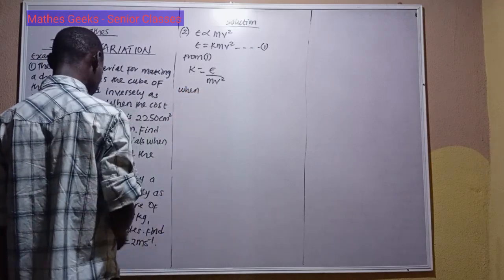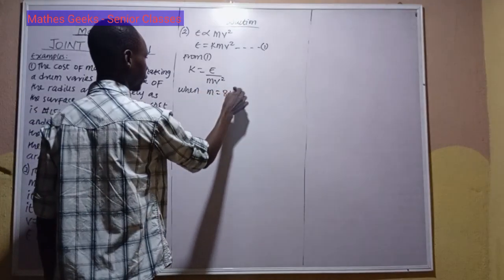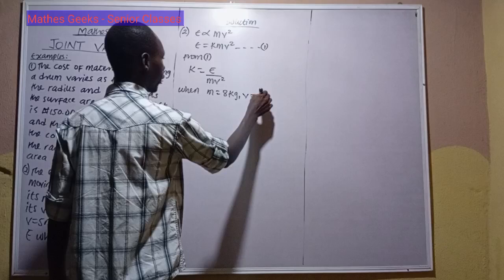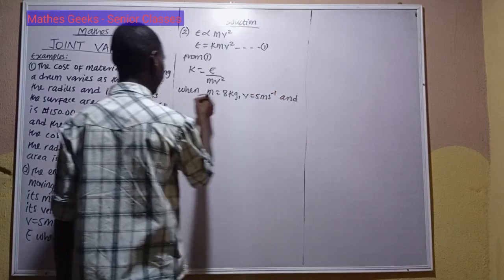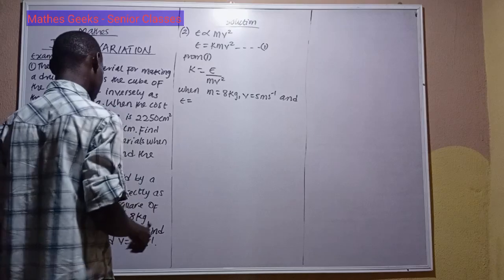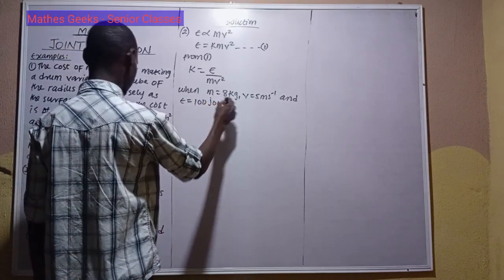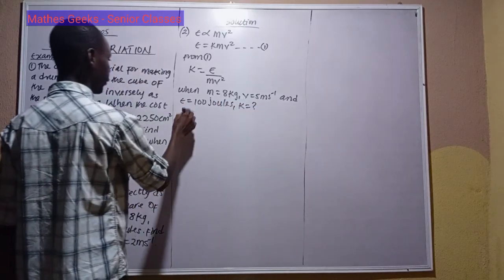When m is equal to 8 kilograms, v is 5 meters per second and E is equal to 100 joules, Q is what?